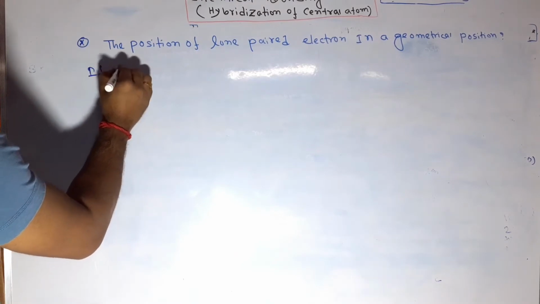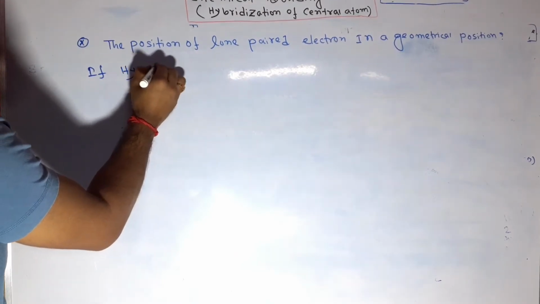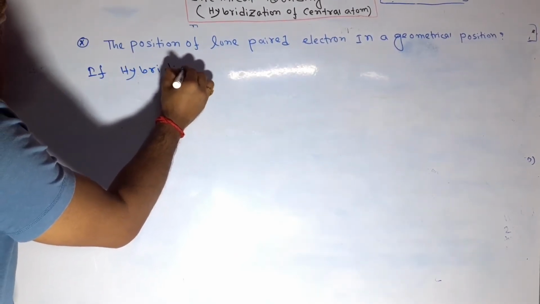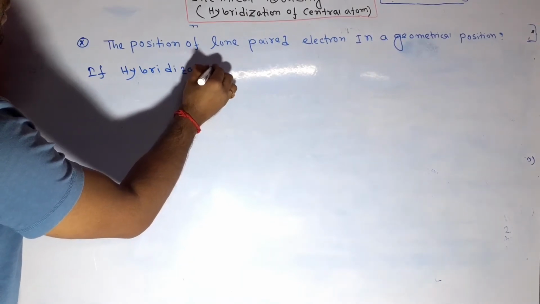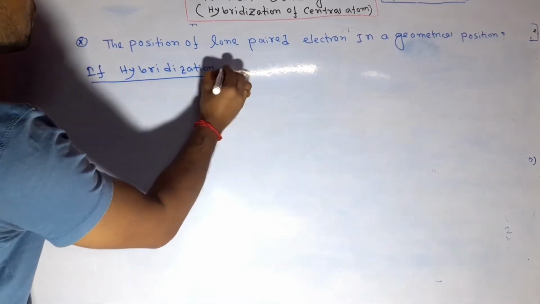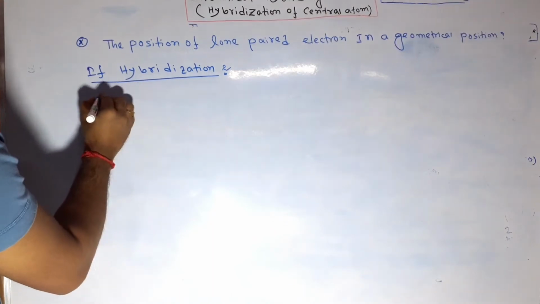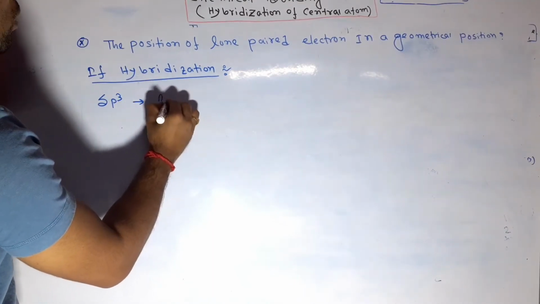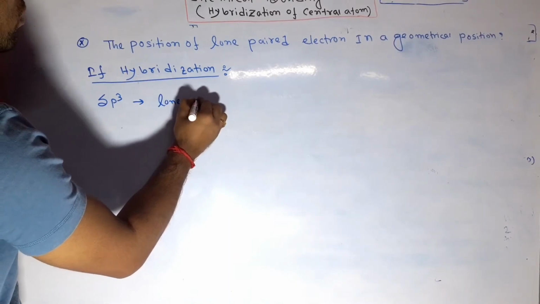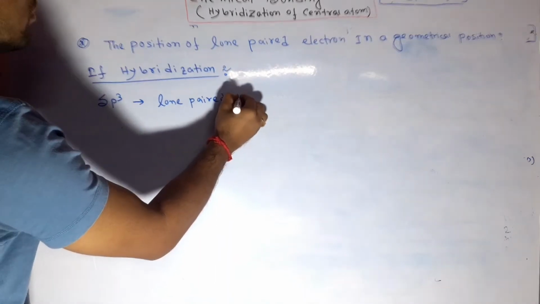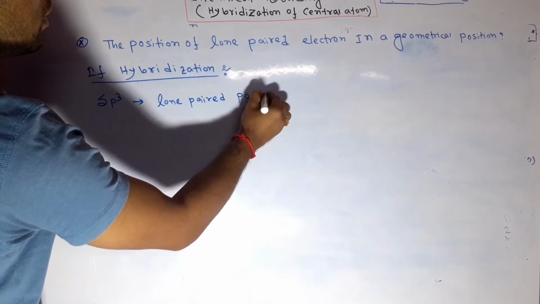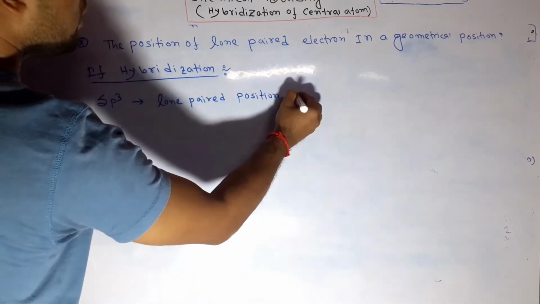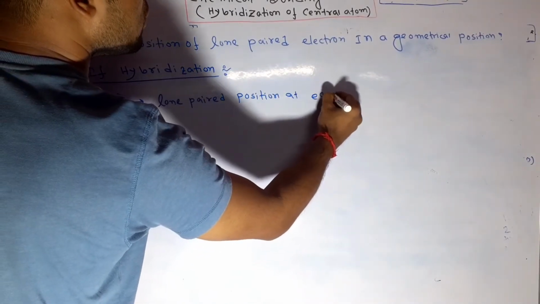If the hybridization is sp3, the lone pair always occupies the equatorial position.